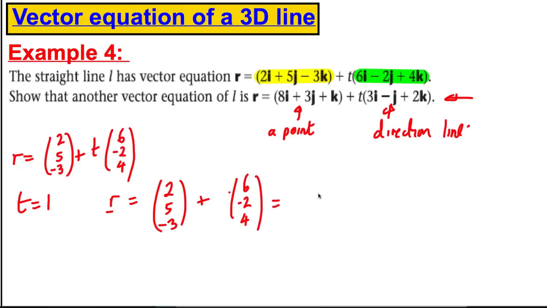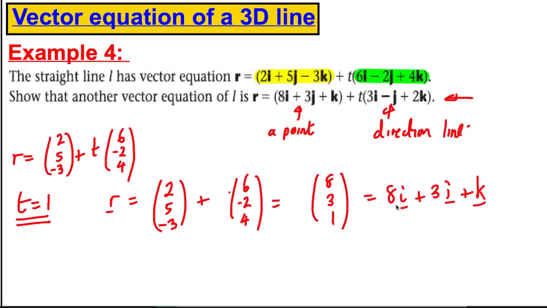And hence I get myself (8, 3, 1), and so therefore this is 8i plus 3j plus k. You remember this is true for any t. If I happen to choose t as 1, that verifies that this is indeed a point on the line.